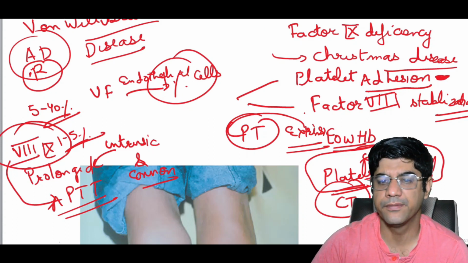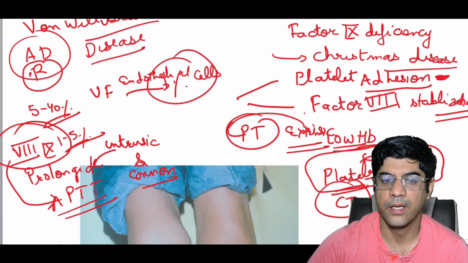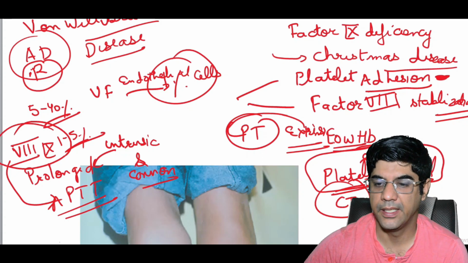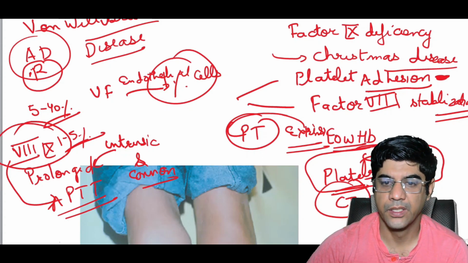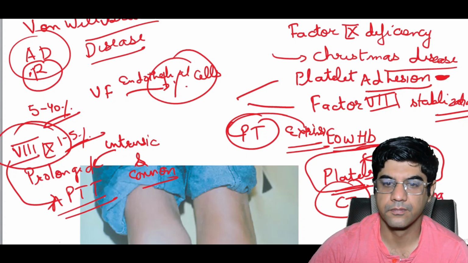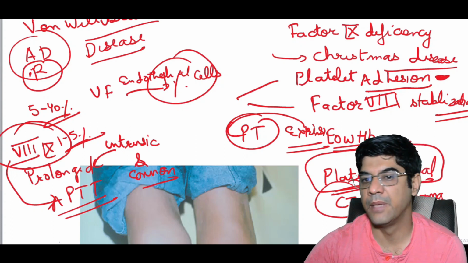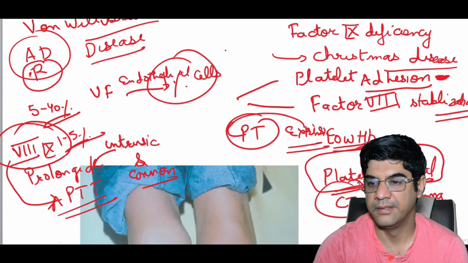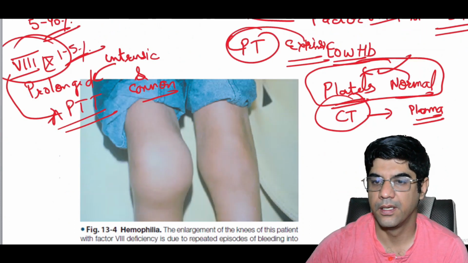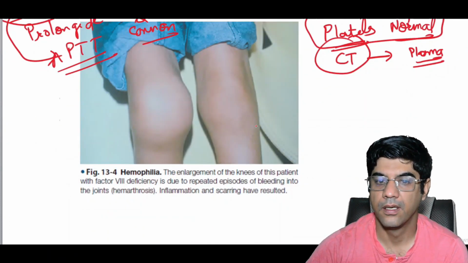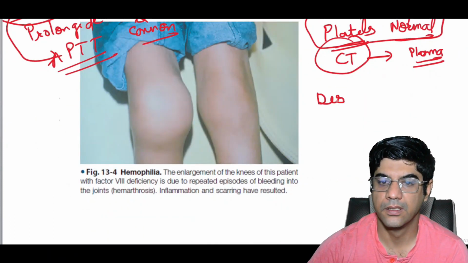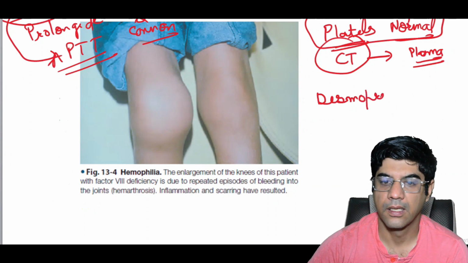Now, what is the treatment of choice? You can give clotting factor replacement, infusion of recombinant or plasma-derived clotting factors. In severe cases, remember desmopressin can be given.